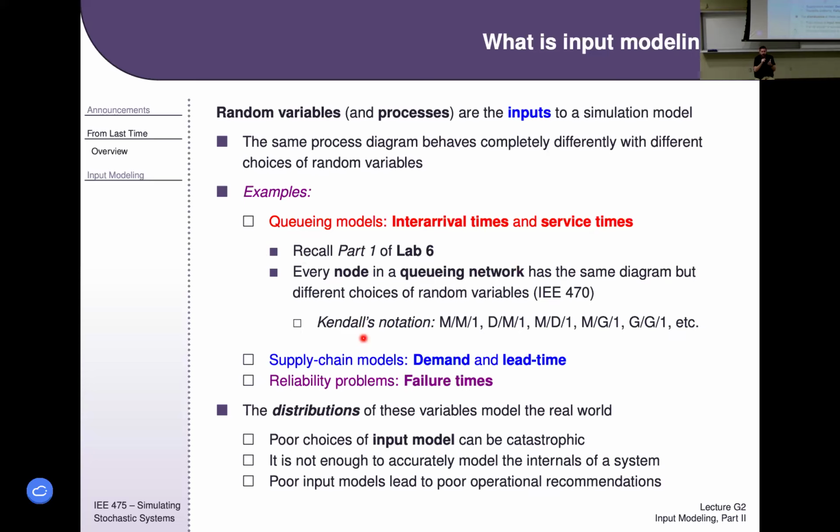We give you a supply chain model, demand and lead time. We give you reliability, failure time. So if you have mixtures of those things in your problem, you'll definitely need to be looking for data on those things. Okay, so distributions of these, those come from the real world. Poor choices of those will be the thing that causes daylight between your model and the real world.